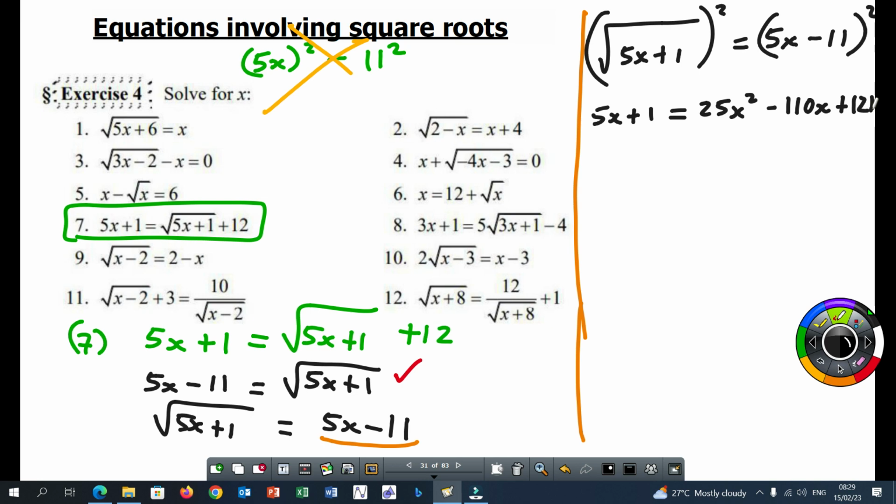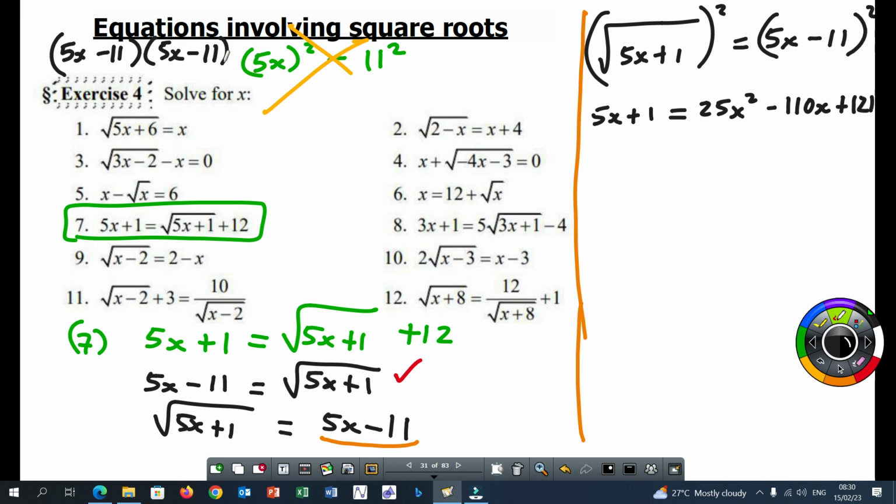Okay, if you think you cannot do that, then use FOIL. If you use FOIL, then you should have 5x minus 11 times 5x minus 11. Then you can use FOIL. But because I know that I should get a perfect square trinomial, it's very easy to get. You square this 5x, you get that.